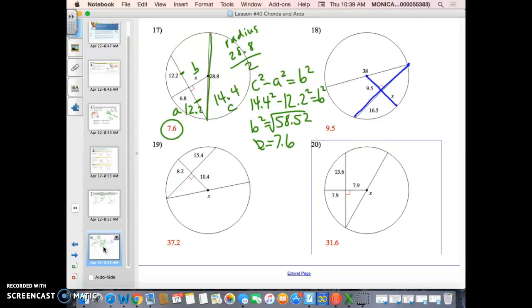So if this is 9.5, I'm sorry, let me redo this. This is not the chord I'm looking for. I'm sorry, this is a radius, and this is a diameter, and it's being cut by a chord, so this is 9.5, this is also going to be 9.5. So those are equivalent to each other.